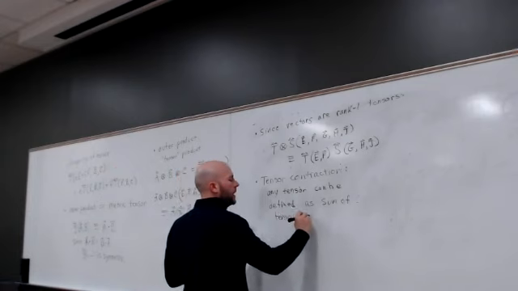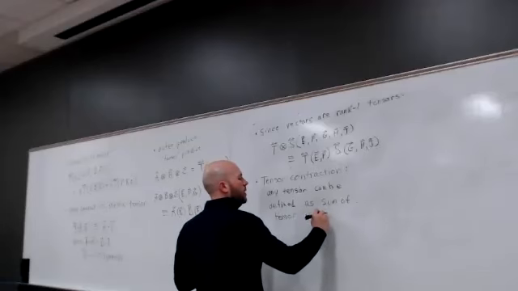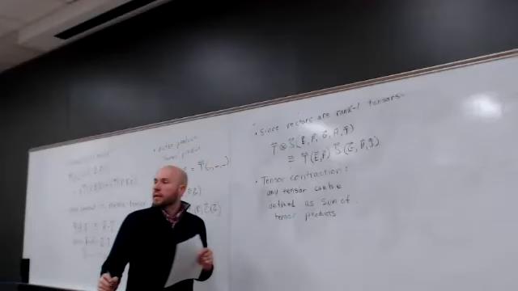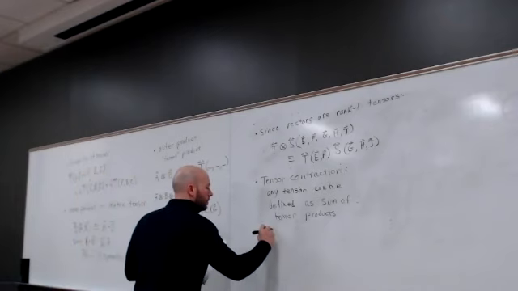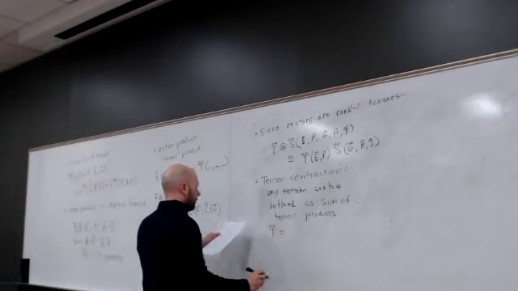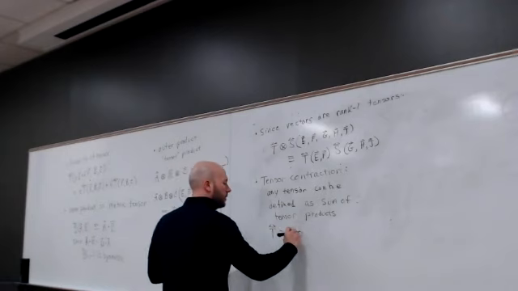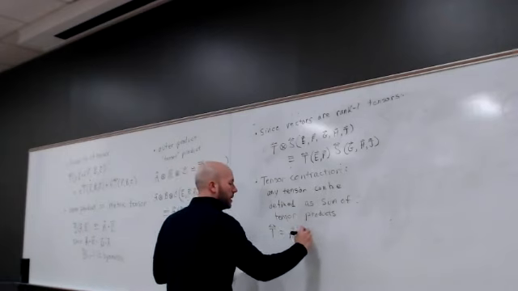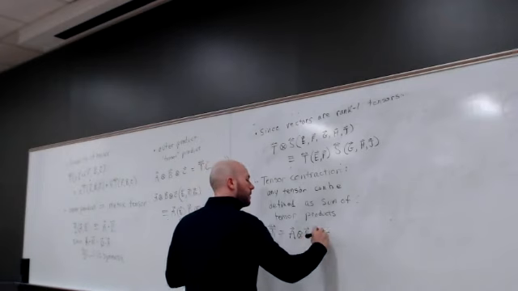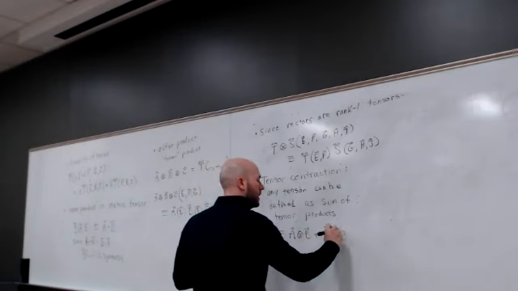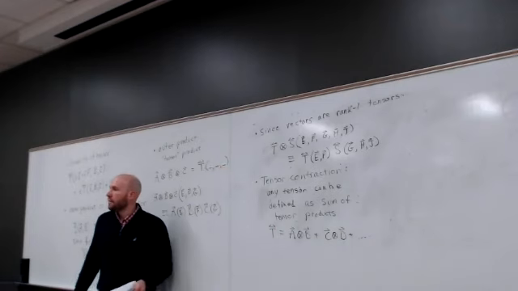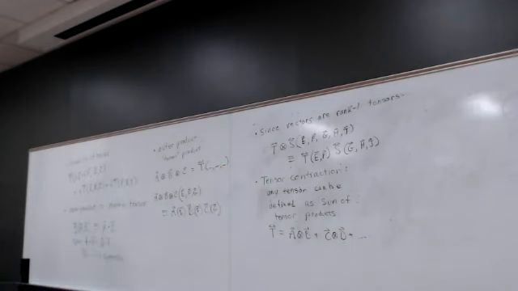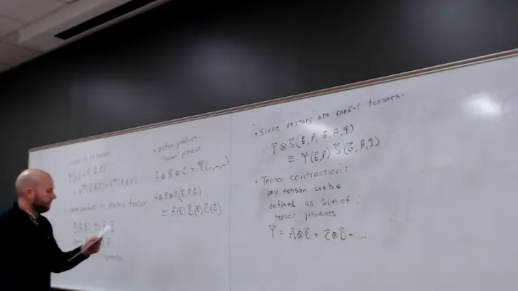So I can take any tensor and re-express it as some sum of tensor products. In other words, my tensor T, I can write A tensor product B plus C tensor product D plus so on and so on. What rank is T? 2. Okay.